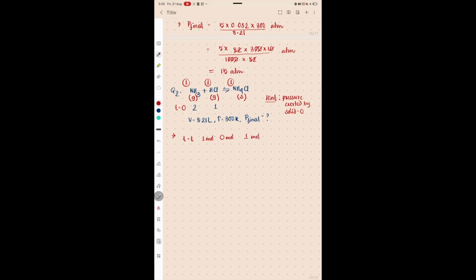Now as NH4Cl is solid, it will have negligible contribution.